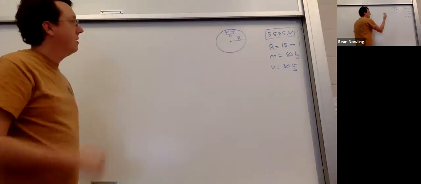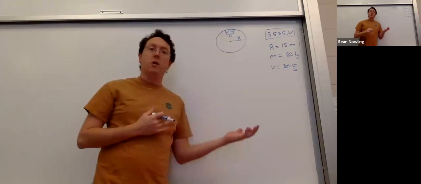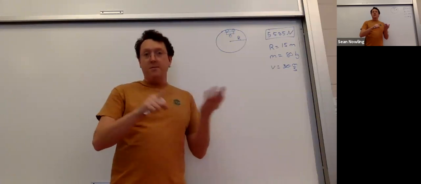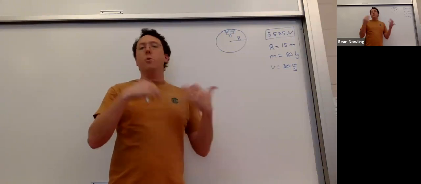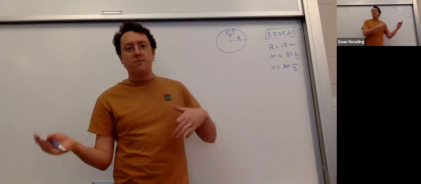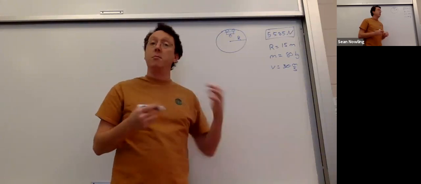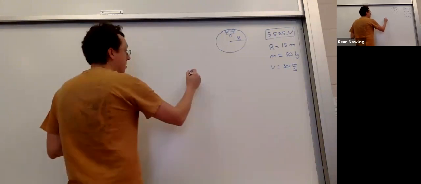This is a force problem. As always, the starting point for a force problem is to draw the free body diagram, identify the forces, worry about coordinates and trig and stuff. This problem doesn't have much as far as complications. It's actually a very simple problem. So let's get started.